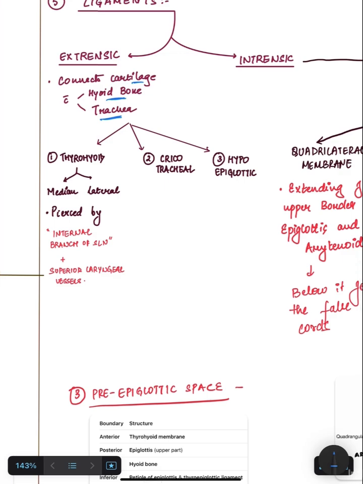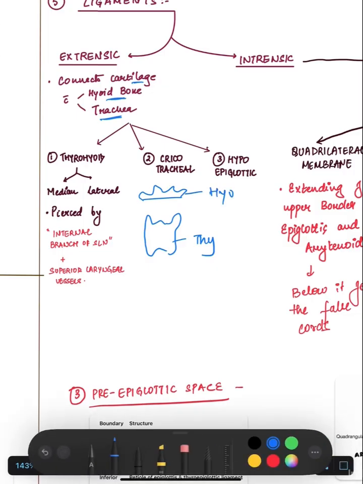So first is thyrohyoid. What is thyrohyoid? It is connecting the thyroid with the hyoid bone. Now it is further divided into two. This center portion is called the median thyrohyoid ligament, whereas the lateral one, from the superior cornua which we talked about, to the hyoid bone, is called the lateral thyrohyoid ligament.